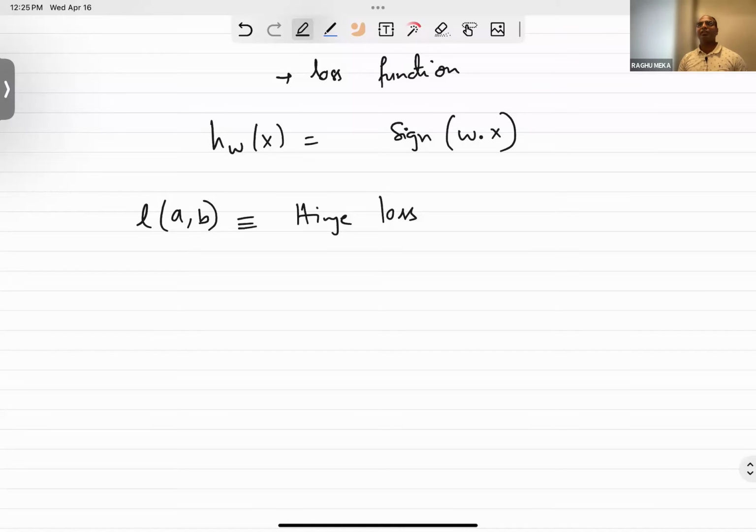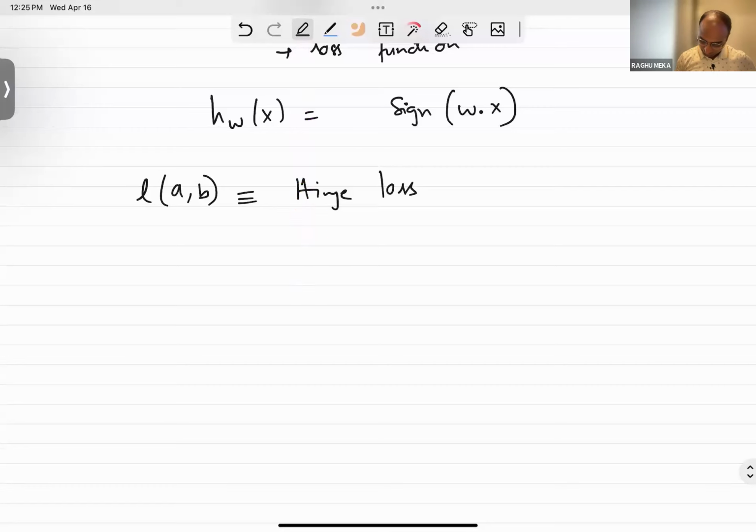So for example, if the true label is 1, but my prediction is like 0.1, I get no penalty. But if my prediction is like -0.1, then I get some penalty. But if I'm way more negative, then I should get more of a penalty, right? Instead of just looking at the sign, hinge loss says you should also look at how far off on the negative side you are, okay?